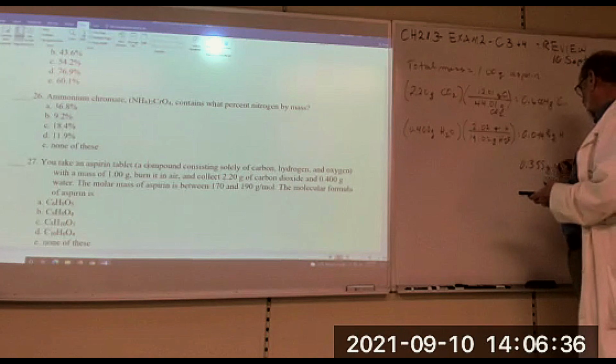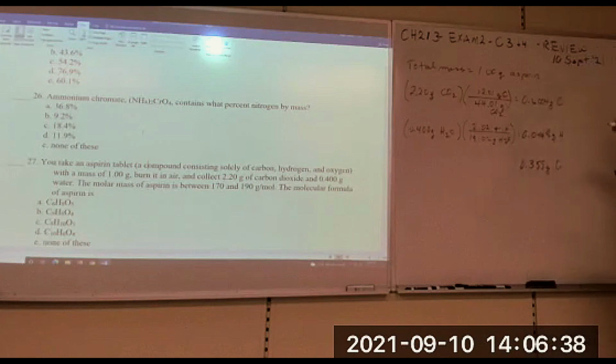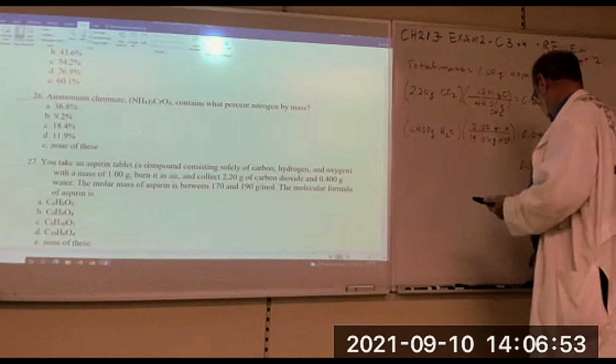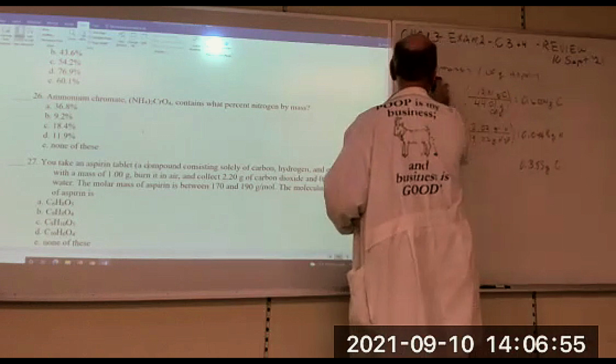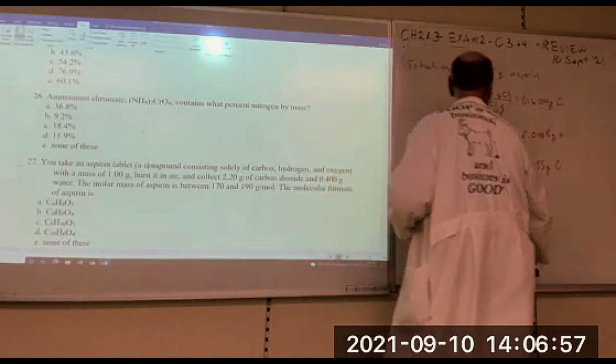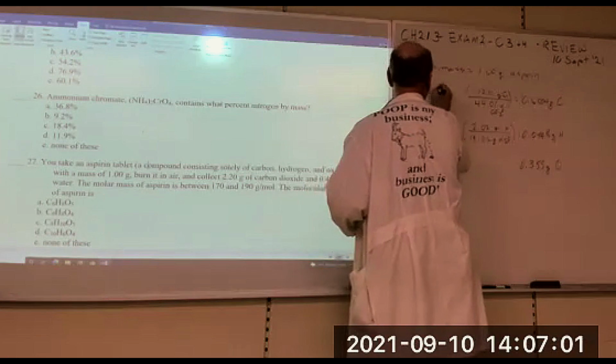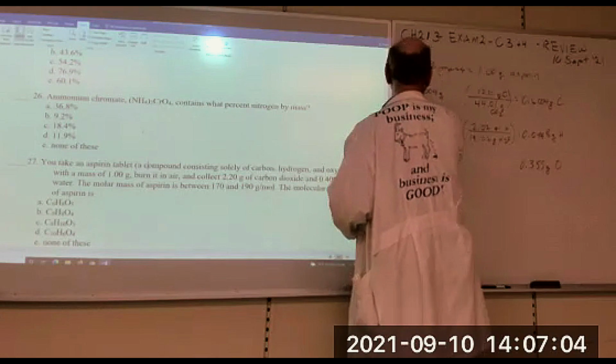0.355 grams of oxygen. Now we've got our starting point for doing the empirical formula. Remember how I showed you to do that? Well, we're going to need more board space than I got here, so I've got to transfer these over here. 0.6004 grams, this is carbon.